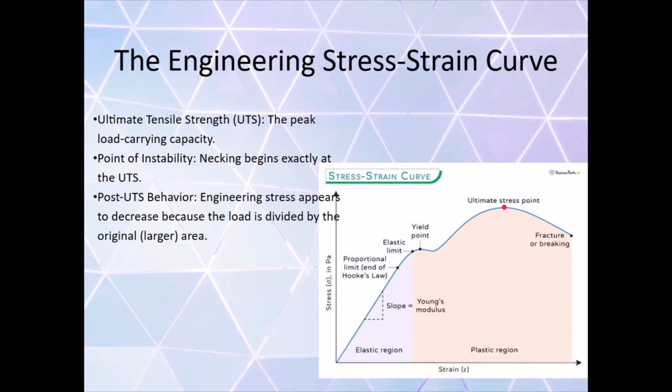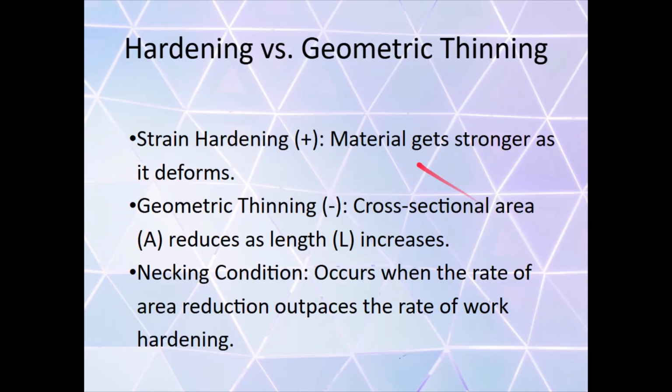Necking is basically a reduction in area, so the original area gets reduced. Because of this, the stress also gets reduced, and this is why the curve is declining here.